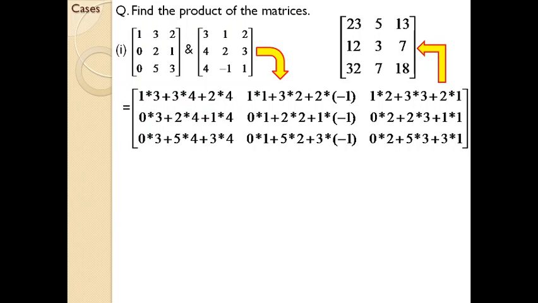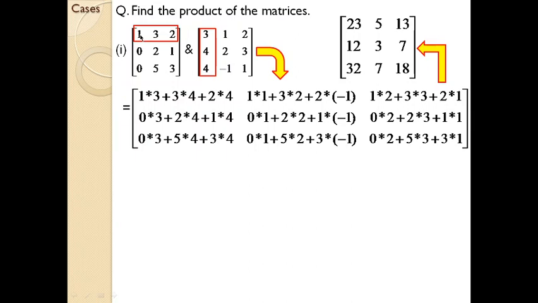And I am very sure that you didn't understand anything, so I will discuss in detail how this matrix is computed. Okay, first one. As I have told earlier, whenever you are selecting a row, that row has to be multiplied with each column. So first row is 1, 3, 2 of the first matrix. It has to be compared with the first column of the second matrix.